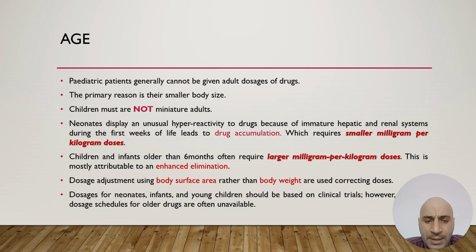So body surface area is important for highly toxic drugs like anti-cancer drugs. We don't use body weight for such drugs. Body surface area gives a better indicator of the difference by age.